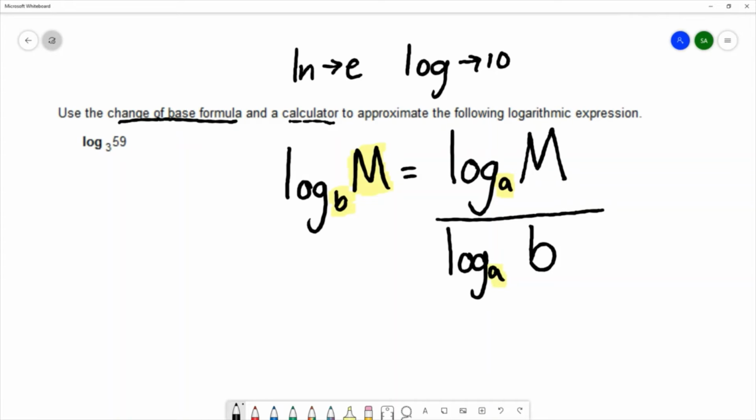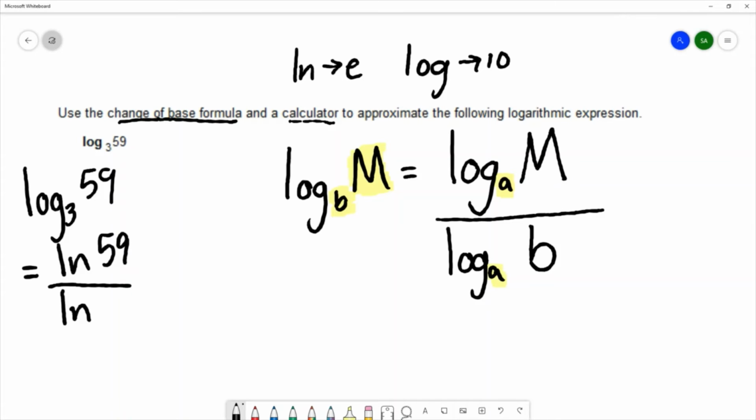So we're going to start with our log base 3 of 59. I'll go to natural log in the numerator and denominator. 59 goes into the log in the numerator, and 3 goes into the log in the denominator.